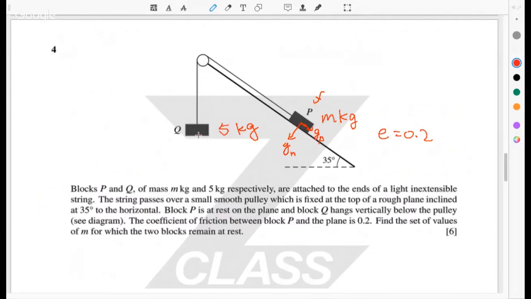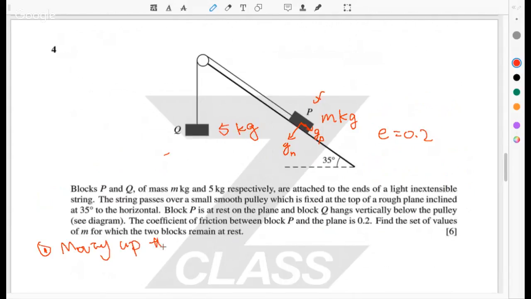The first possibility, so possibility 1, well, in both cases, we're looking for limiting equilibrium. The cases where the block P is just about to move, so the forces just balance out. So case 1, we could have equilibrium on the point of moving up the plane.